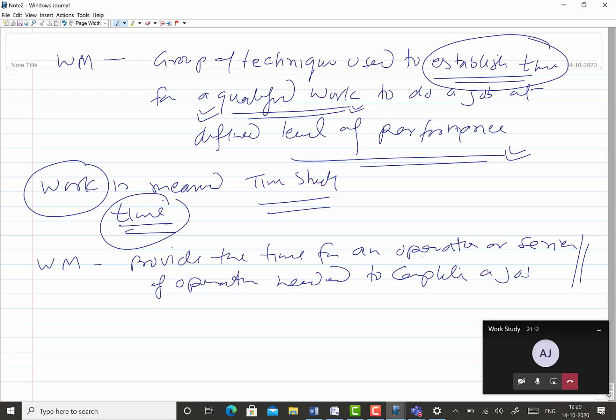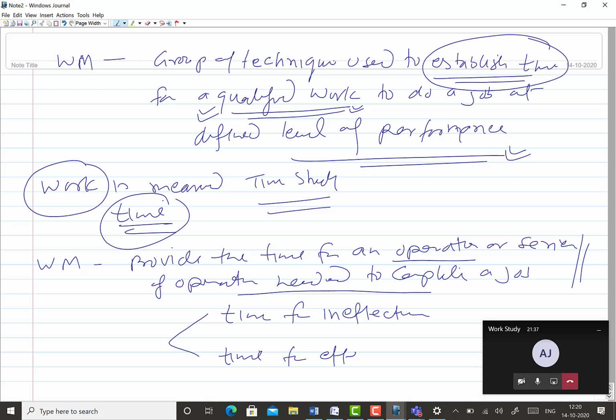They will be providing the time either for a single operation or for the number of things which are to be done to complete the job. And when it is done, we are able to see with clarity what time is being consumed for ineffective activities and what time is being consumed for effective activities.